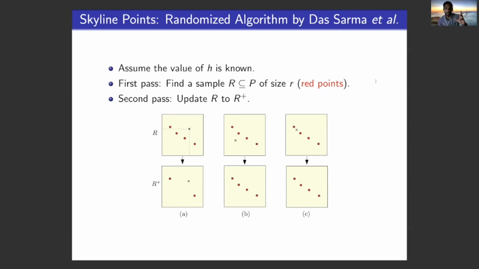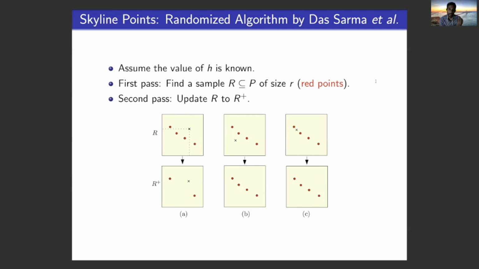Now in the second pass, we want to do a crucial step where we update this R to a new set called R plus. Specifically, if there's a point in R which is already a skyline point, then we won't touch it. It will remain as it is and be kept in R plus as well.